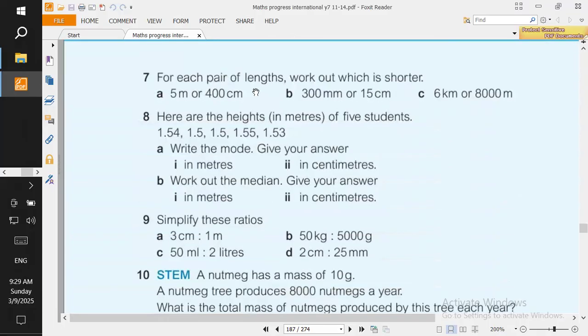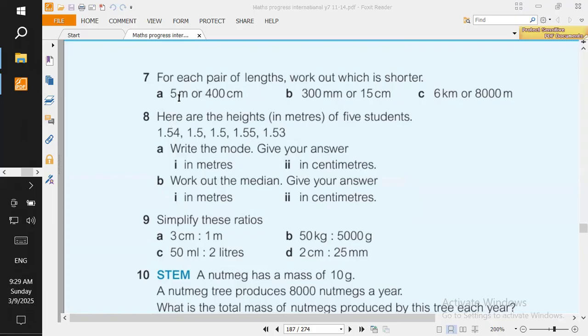Here, for each pair of lengths, work out which is shorter. So here we have 5 meters and 400 centimeters. To compare them, they must have the same units. So to compare two lengths or two measurements, you need them to have the same units. So for example, here 5 meters, I'm going to turn it to centimeters.